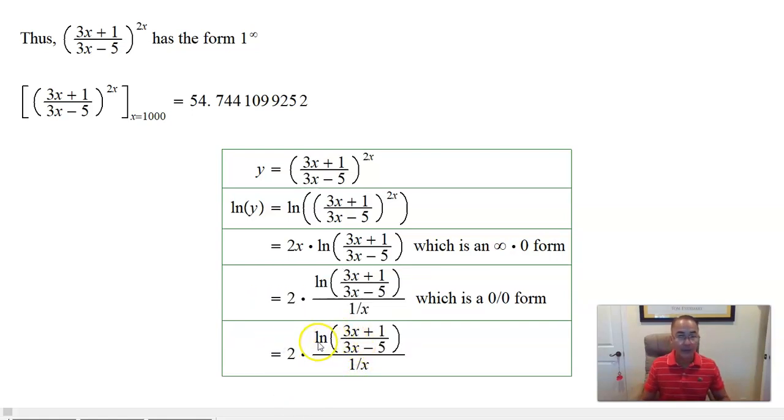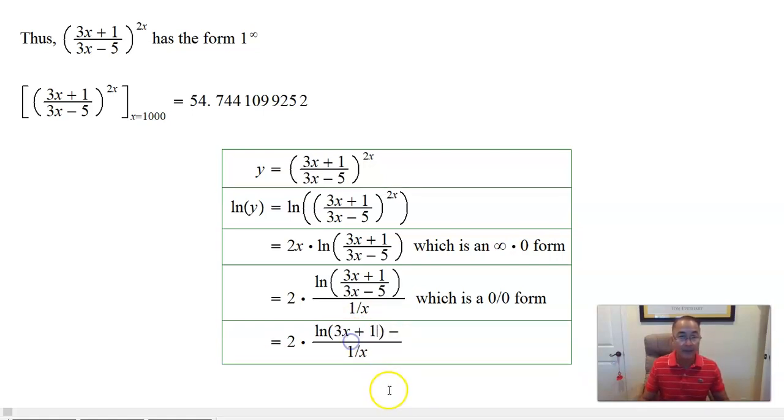So we can turn the numerator into ln of 3x plus 1 minus ln of 3x minus 5. That was just algebra. Every step so far has been algebraic manipulation. These properties of exponential functions and logarithms are all coming together in this example.